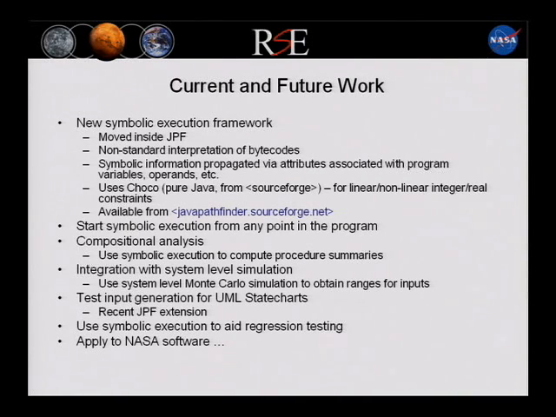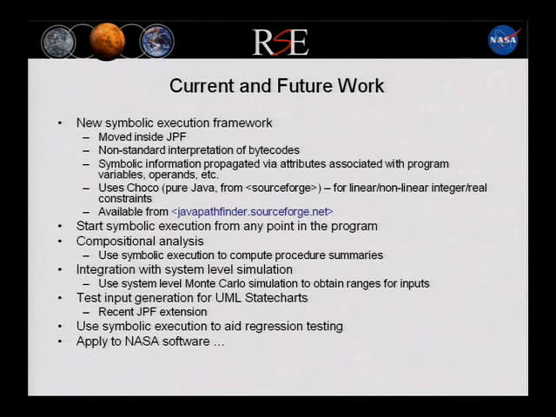Now, as current and future work, this summer we worked on a new symbolic execution framework which no longer uses code instrumentation. It was moved inside JPF, and it works by a non-standard interpretation of bytecode. We have an extension that performs, for each bytecode, the symbolic analysis that we discussed.